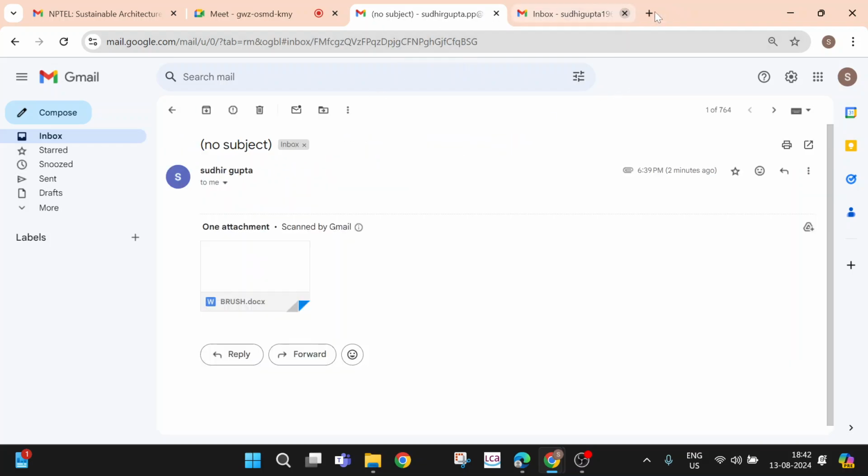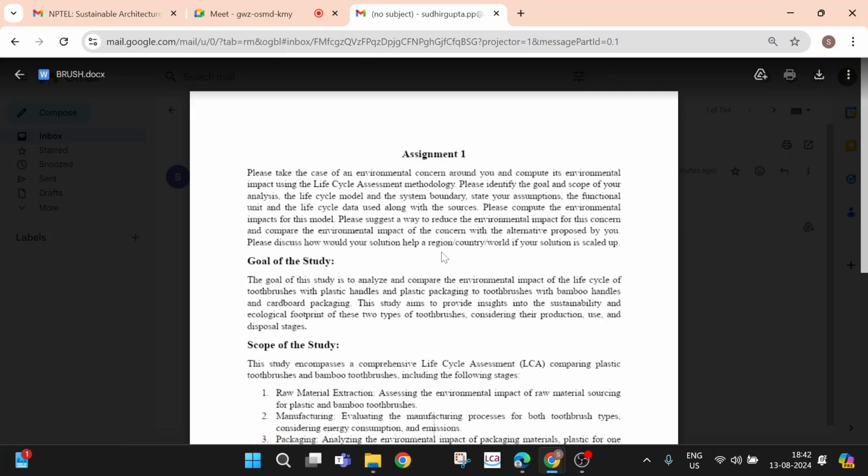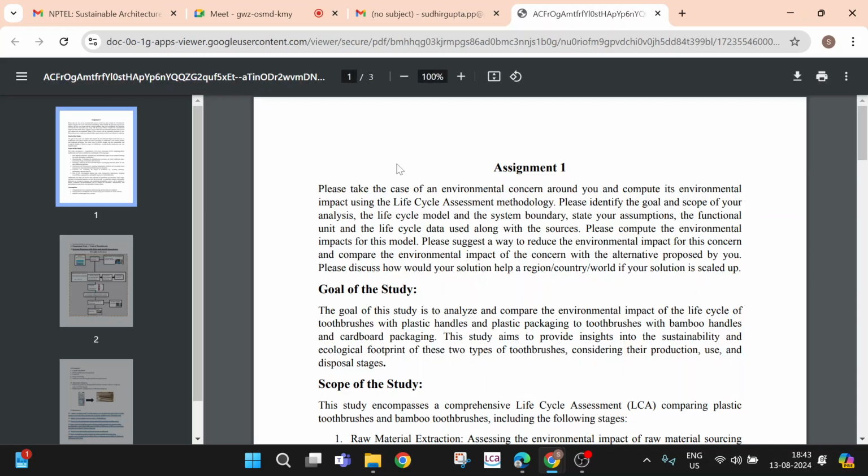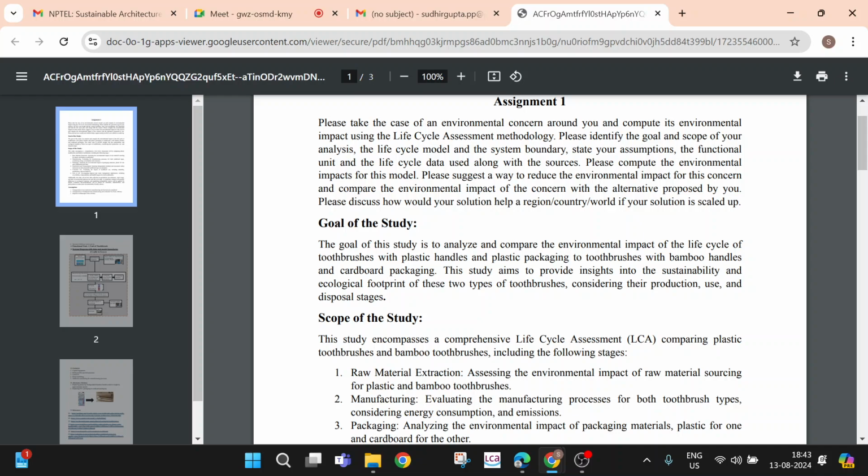Okay. So this is the life cycle analysis of a toothbrush. Print this one and try to understand how it is done. In any of your projects or assignments, you can do it like it was done in one of the assignments of the course at IIT Delhi. The screen is visible.